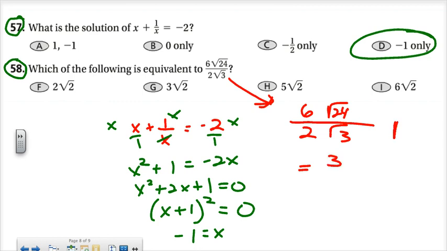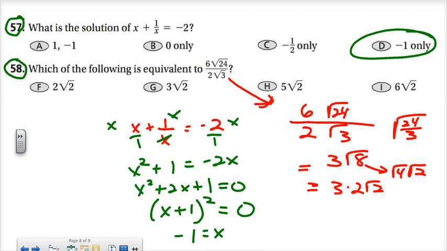And then the square root of 24 over 3 is the same thing as the square root of 24 thirds, which is the square root of 8. So this will be 3, and then if we simplify the square root of 8, it'll be the square root of 4 times the square root of 2, which is 2 square roots of 2, and that gives us 6 square roots of 2, which is answer I. So that one, a little review with radicals.